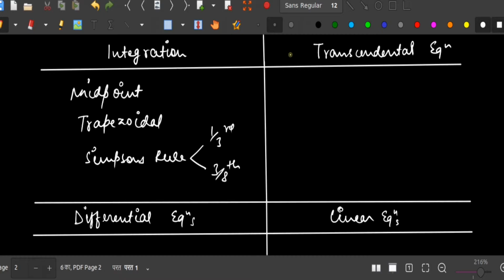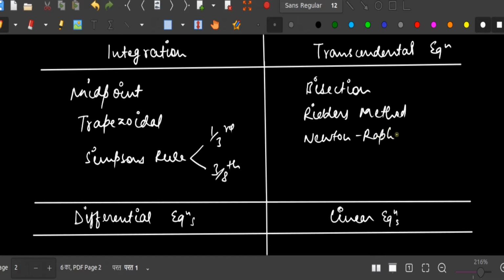Transcendental equations: you have many methods. The first of which is the bisection method or the midpoint method, and then you have Ridder's method, and then you have the Newton-Raphson method. Newton-Raphson is there to solve transcendental equations.